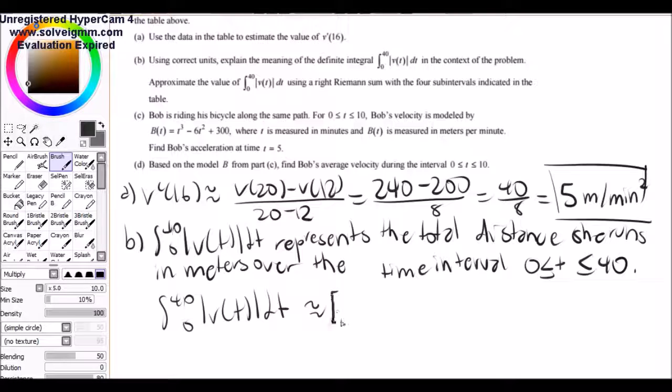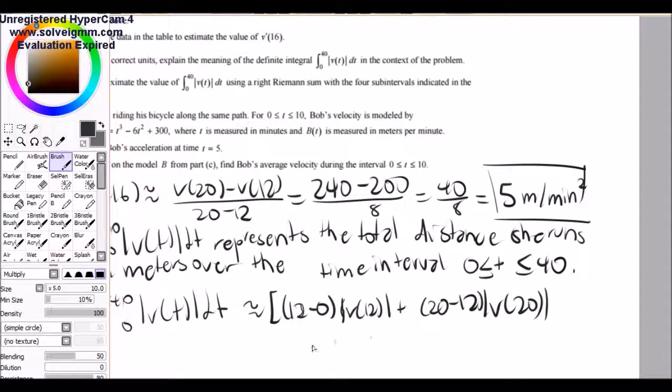So it would be (12 minus 0) times the absolute value of v(12), plus (20 minus 12) times the absolute value of v(20), plus (24 minus 20) times the absolute value of v(24), plus (40 minus 24) times the absolute value of v(40).